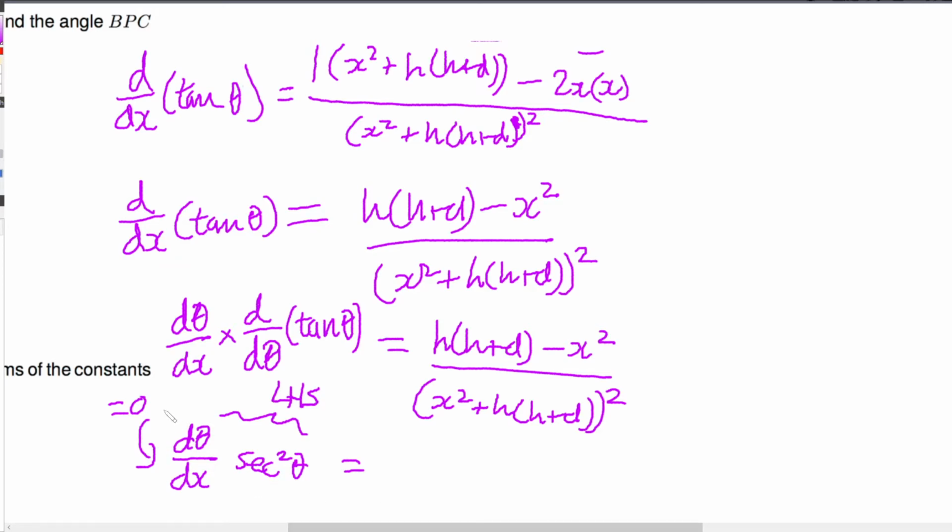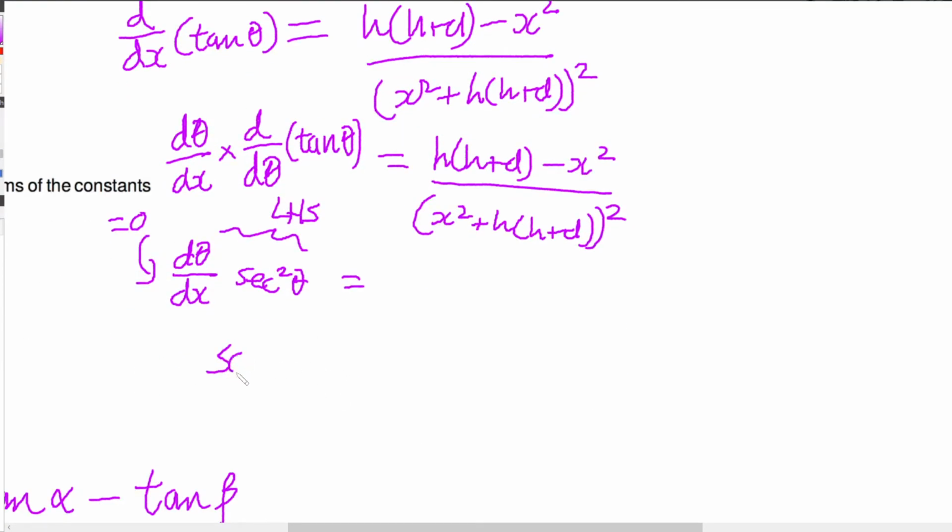So let's just say that d theta by dx were equal to 0. Therefore, 0 equals, or 0 times sec squared theta, which would be equal to 0. Am I making any assumptions that couldn't really be made?